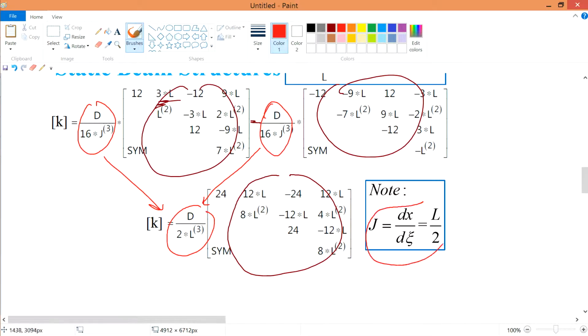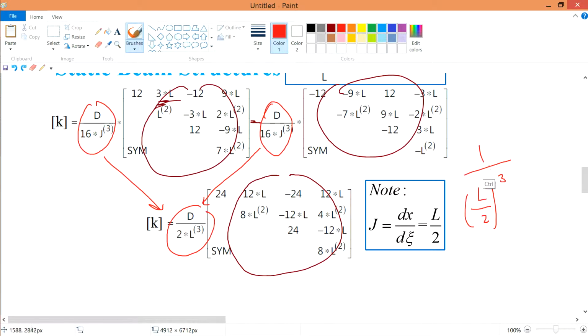So therefore, this thing over here, you know that J is equal to L over 2. So J cube over here is just 1 over J cube. I'm just simply rewriting this.